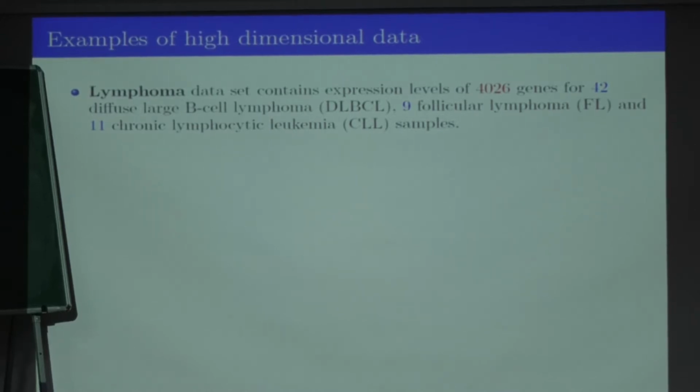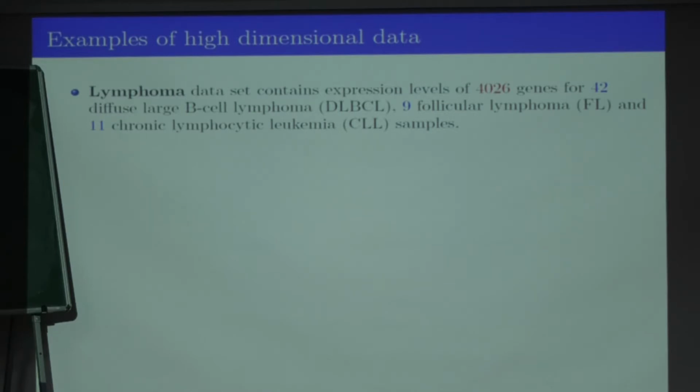And you know that standard methods like Fisher's discriminant analysis, which is called linear discriminant analysis, cannot be used in this case. Why? Because it involves inversion of the sample dispersion matrix. And in such cases, the sample dispersion matrix will become singular and we cannot invert it.